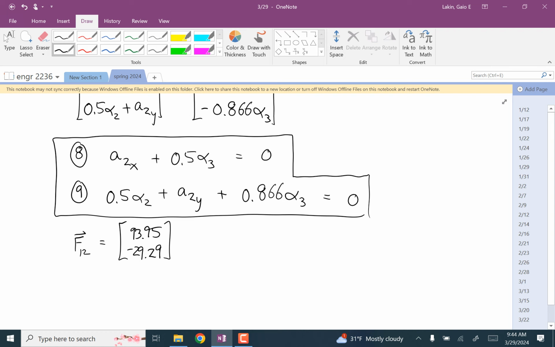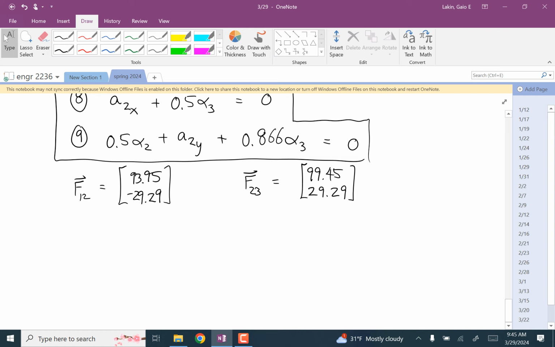I'm going to write down what I got then, because I'm great at this. Then F23, 99.45, 29.29. Then alpha 1, negative 2.2.